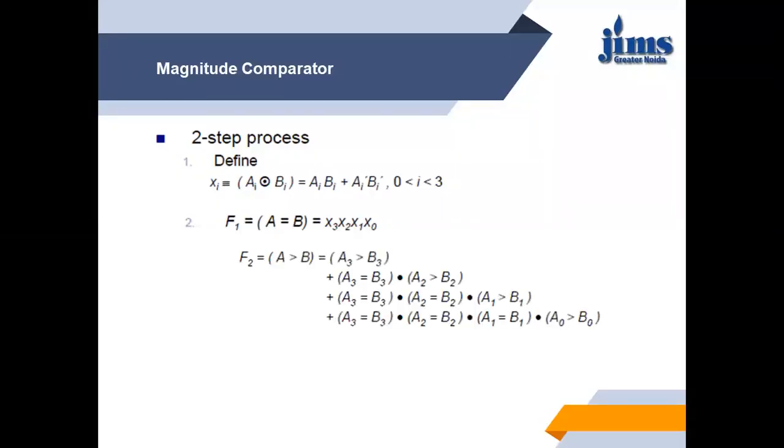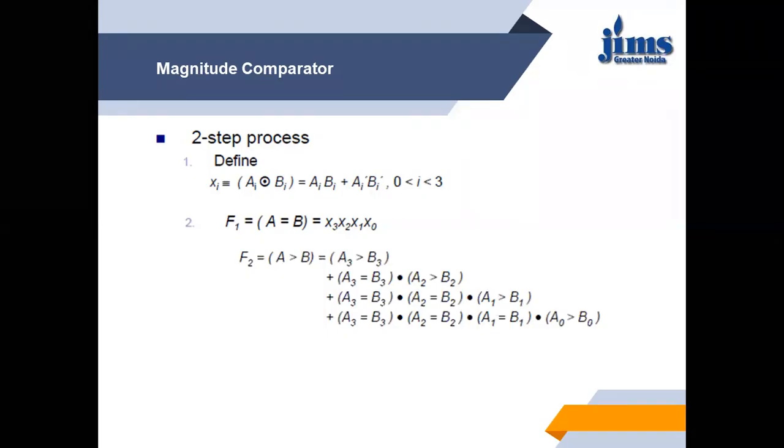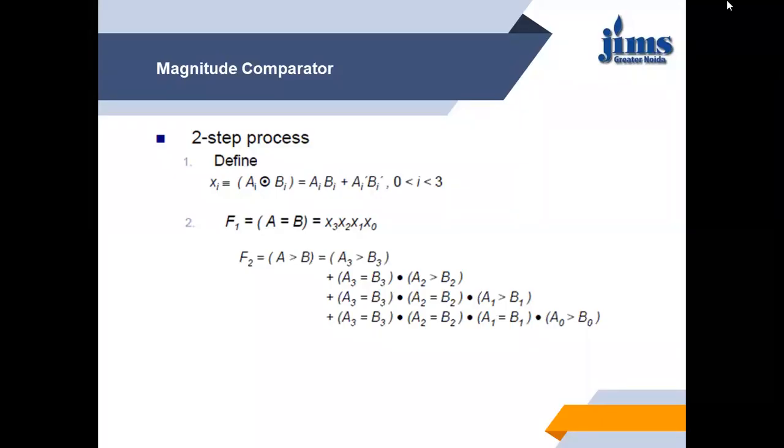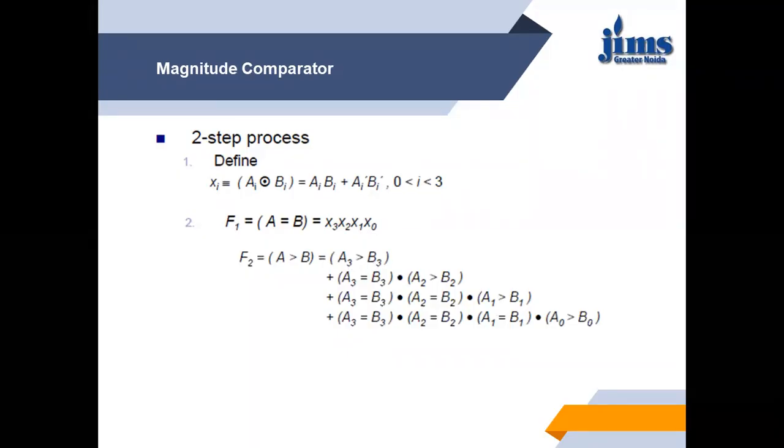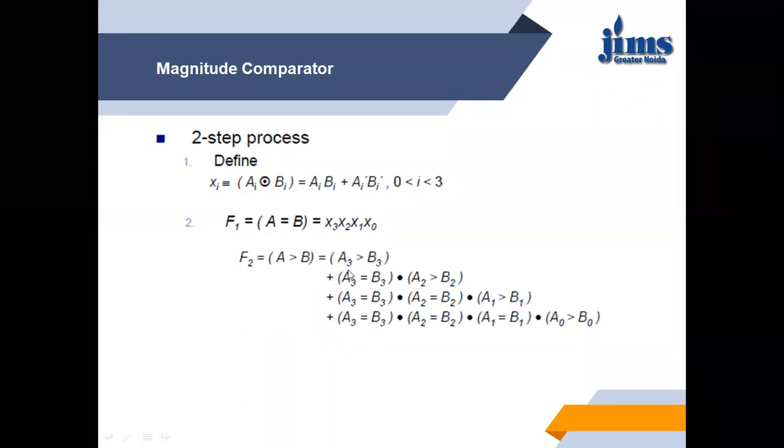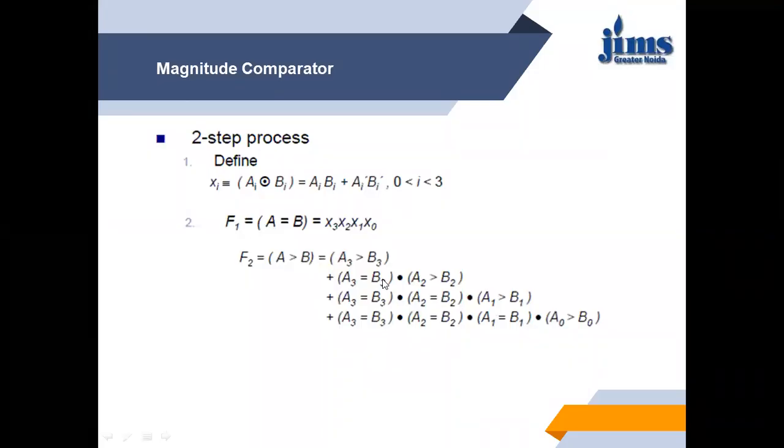Now suppose we have to find out the logic for f2, and f2 is defined as A is greater than B. So whenever A will be greater than B, either A3 is greater than B3, or if that is not so, then A3 is equal to B3, either both are 0 or both are 1.